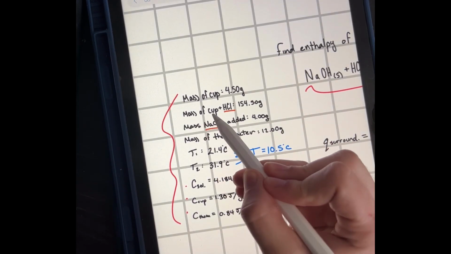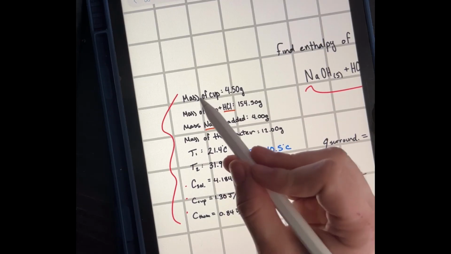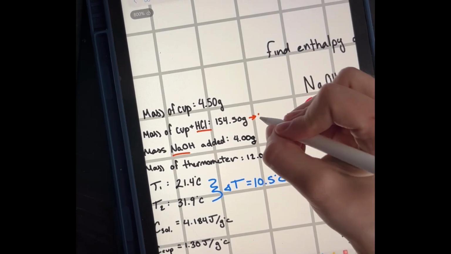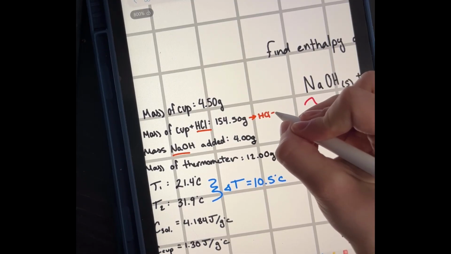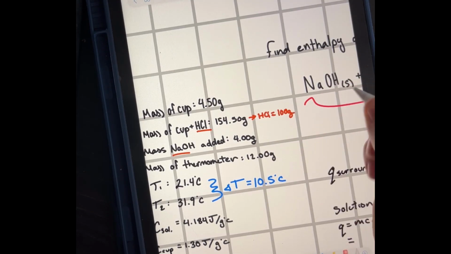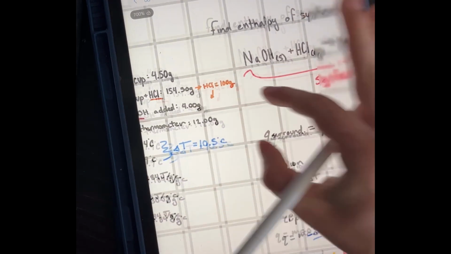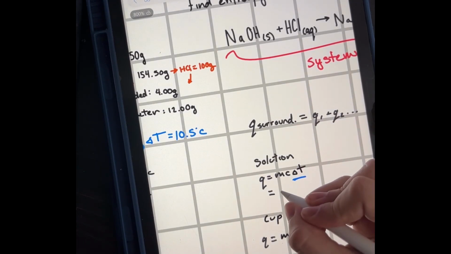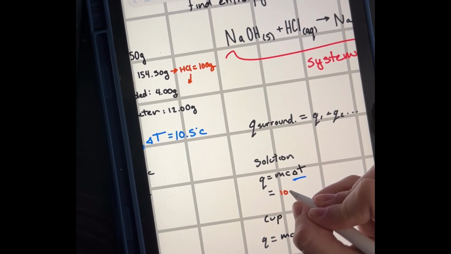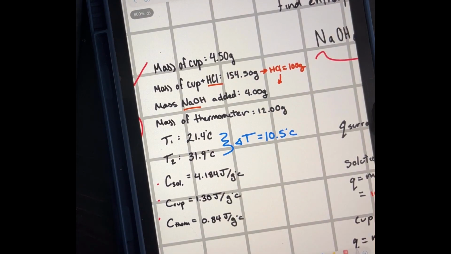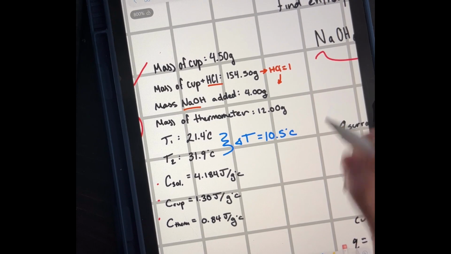Now this mass includes the cup, so we know that the cup is 4.5 grams, so the HCl is equal to 100 grams. So by adding both of these together, our total solution will be 104. Oh, sorry, that's 54. This should be 150. 150.